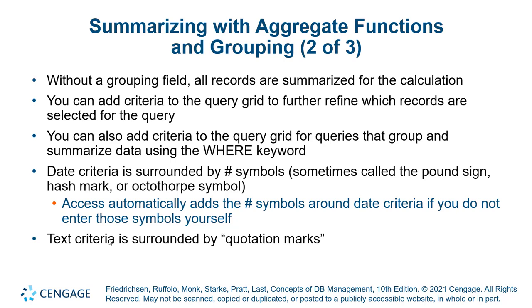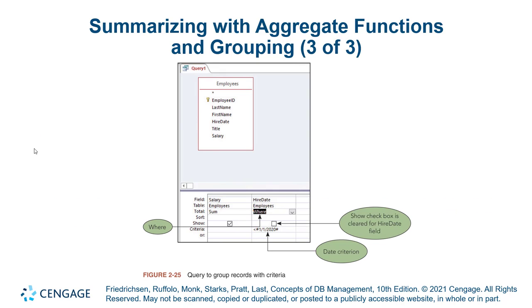But that's using criteria through the where clause in order to refine our results even more. And then, yep, there's a screenshot of exactly what I just showed you. I think it's sometimes better to see it actually get set up from scratch instead of just seeing the screenshot.